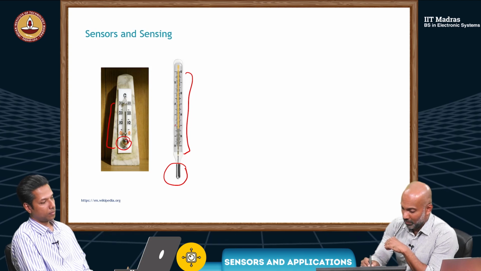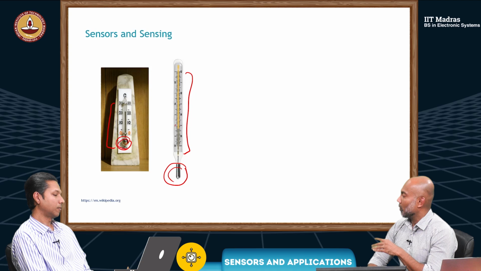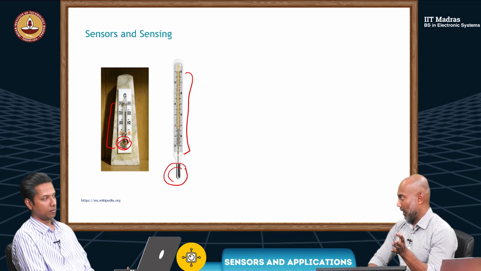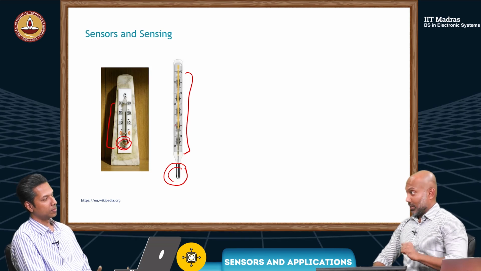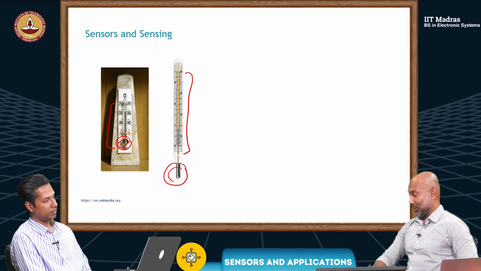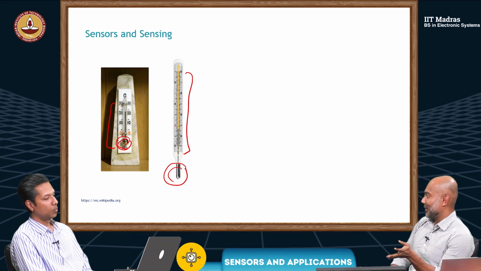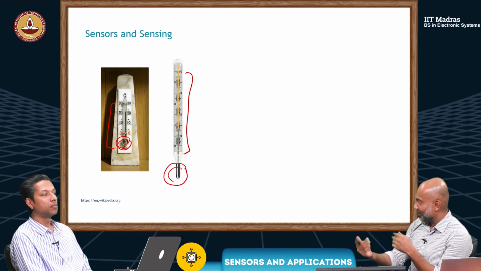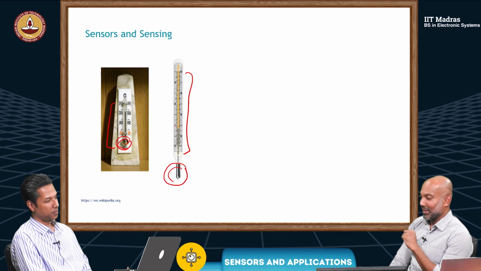It all depends on the mercury contracting and expanding according to the temperature. So this is also a sensor, giving you a non-electrical output. But we don't use mercury thermometers anymore because mercury is toxic.